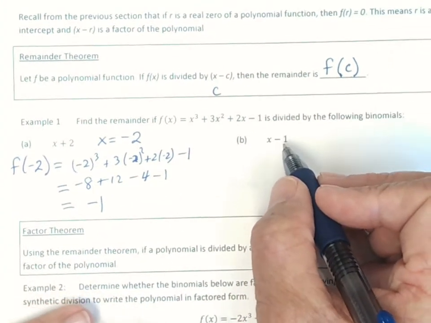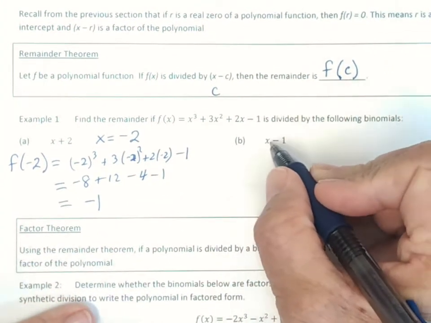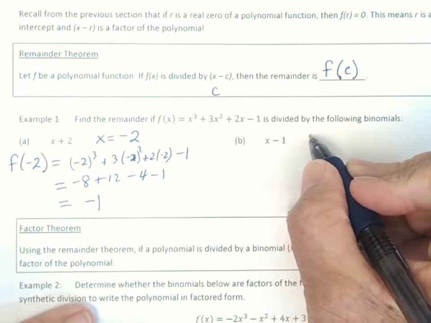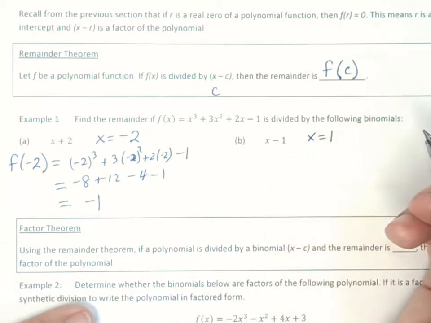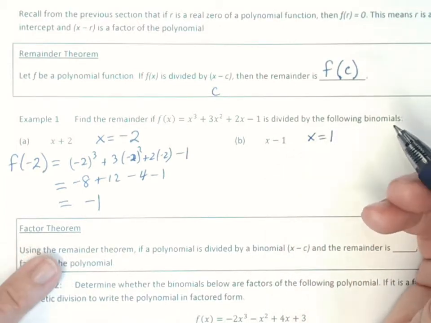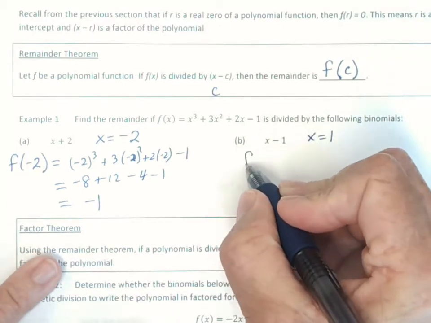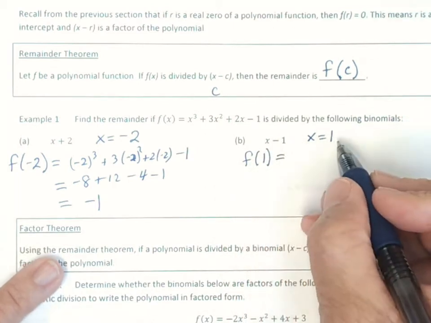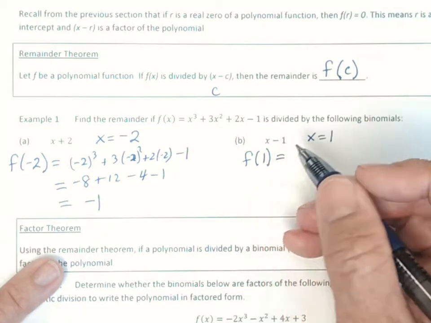Likewise, let's try the second binomial. If I want to check x minus 1 as a factor, that means that the x-intercept I'm checking is positive 1. So now to see what the remainder is, I'm going to take that value and plug it into my function.